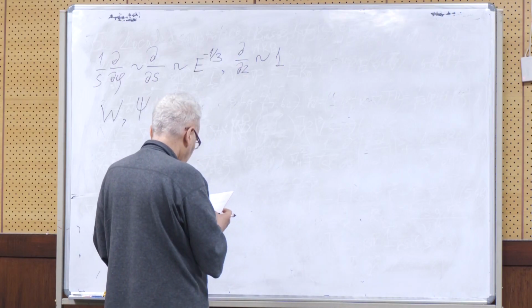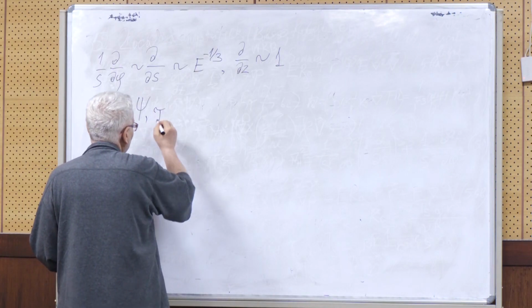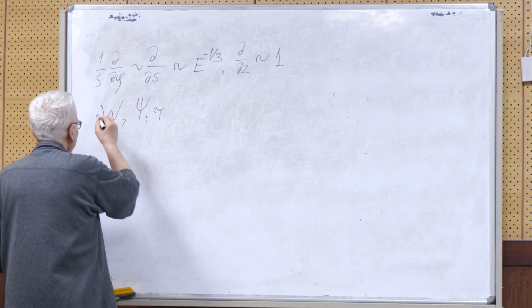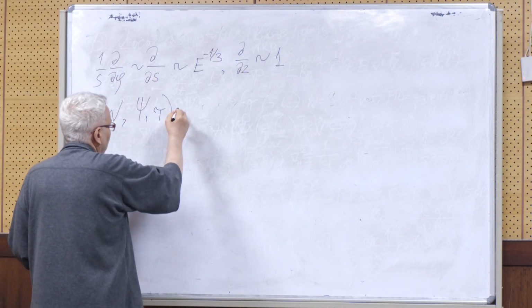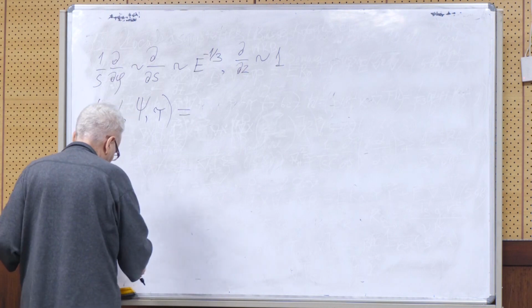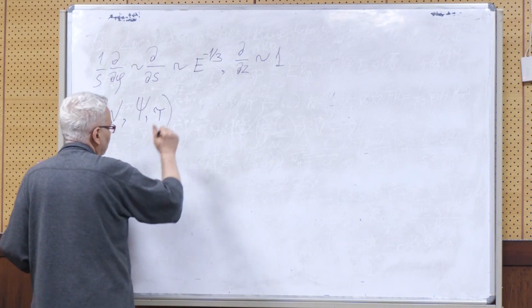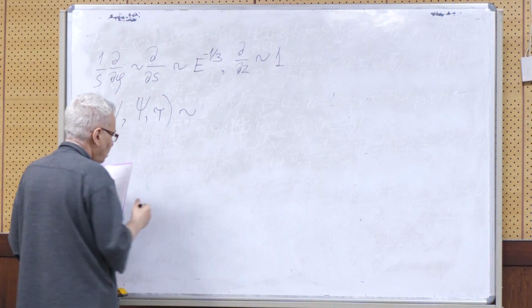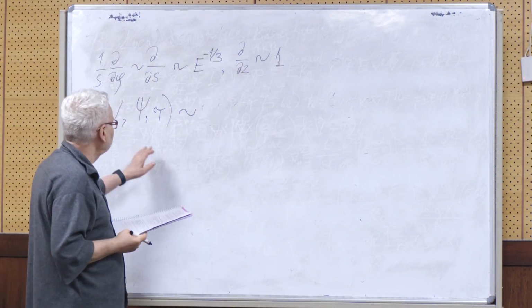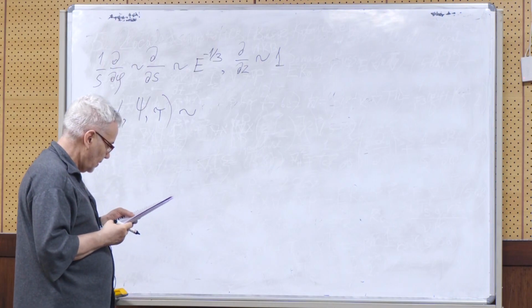Then we can write down the general solution. Of course, it also includes tau, the temperature variation. Maybe better to write that it's not equal, but just proportional, because there could be some proportionality coefficient.